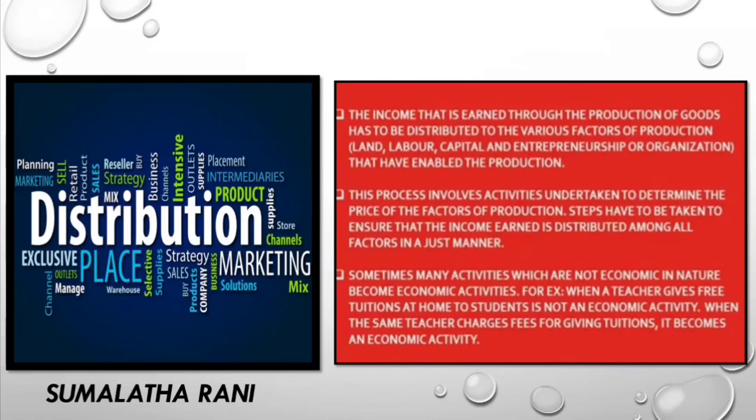So the income earned through production has to be distributed to the various factors of production. So this process involves activities undertaken to determine the price of the factors of production.